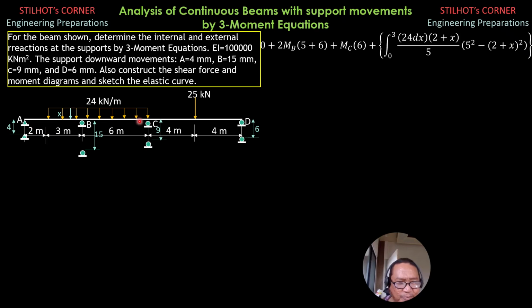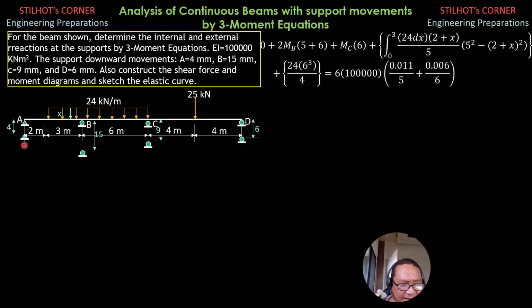Then for the right support, we have a direct formula for this, W24, 6 cubed over 4. Then equals 6 EI, 6 times 100,000, quantity 0.011 over 5 plus 0.006 over 6.